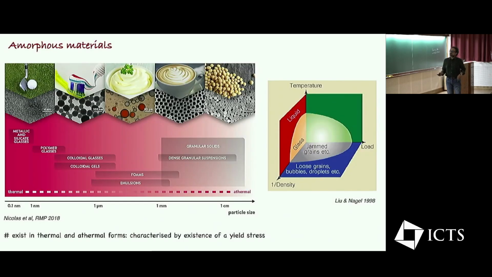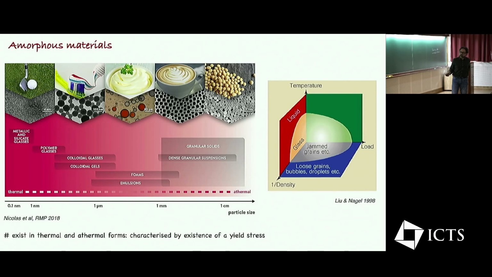This is a very nice schematic that colleagues, Alexander Nicholas, Kirsten Martens, and others, have gathered together. You have a whole range of amorphous materials, starting from metallic glasses, polymer glasses, and so on. And then you have materials whose constituent elements are fairly large, like granular solids or emulsions.